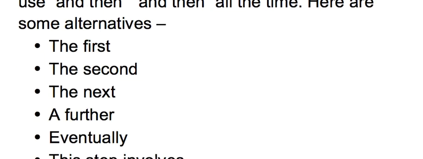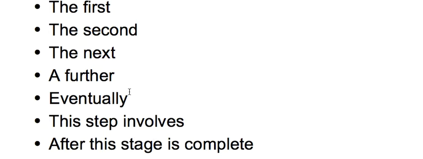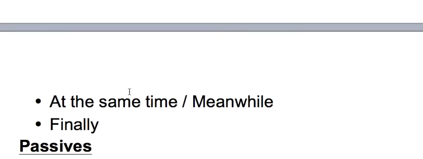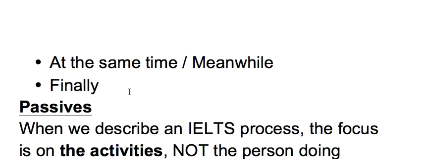You can say, the first step involves, in the second step, this happens, in the next step this happens, or the next step is to do something, a further step involves this, eventually this happens, or you can say this step involves, or after this stage is complete. If something is happening at the same time, then you can say at the same time or meanwhile this is happening.